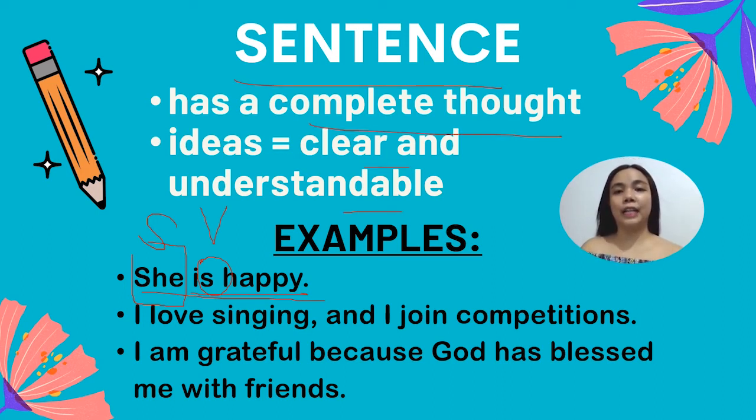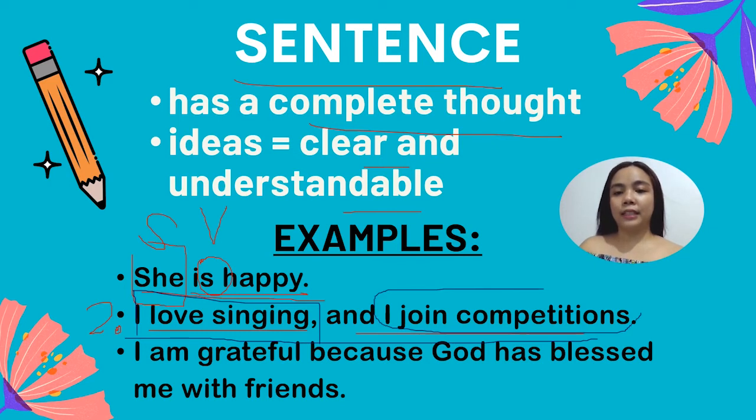It's clear and understandable. Next, we have, I love singing, and I join competitions. Okay, how many sentences do you see in this particular sentence? Okay, very good. There are two simple sentences in example number 2. The first simple sentence is I love singing, and the second simple sentence is I join competitions.